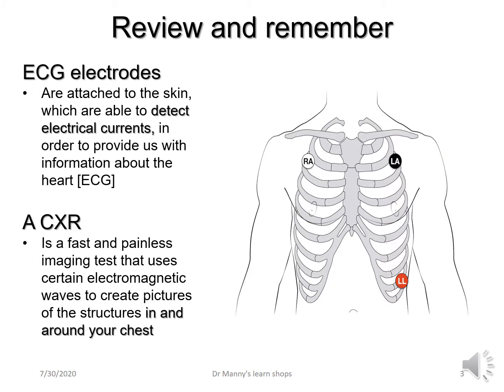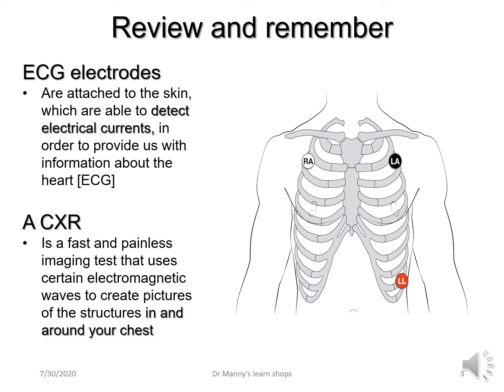Okay, let's review and remember. ECG electrodes are attached to the skin, which are able to detect electrical currents in order to provide us with information about the heart. We're not looking at electrocardiography here. That's another Learn Shop.